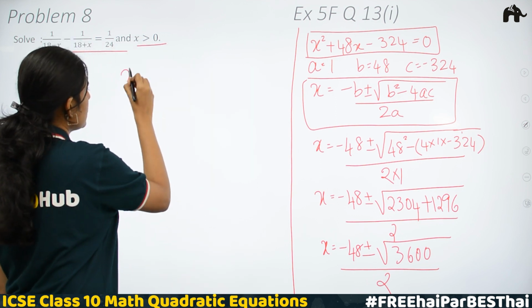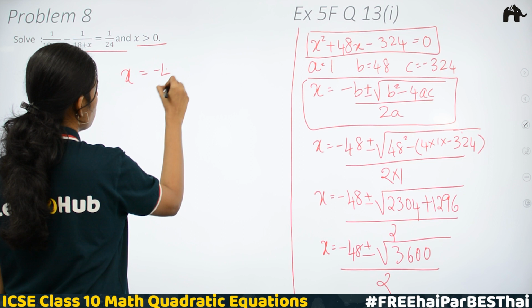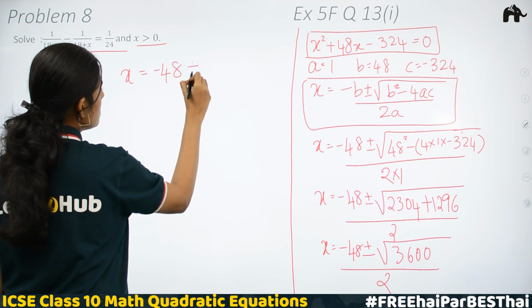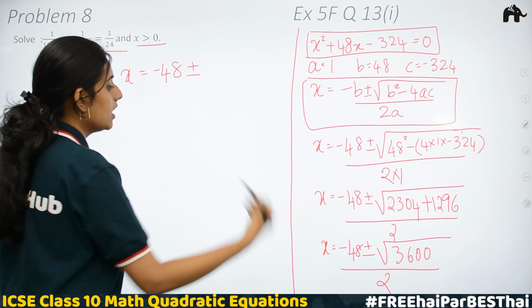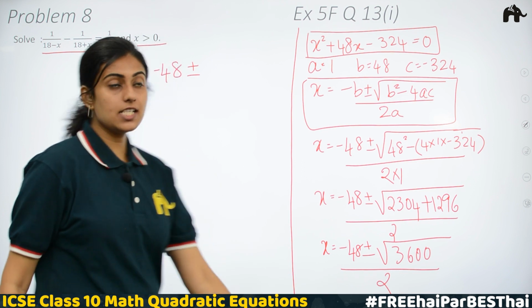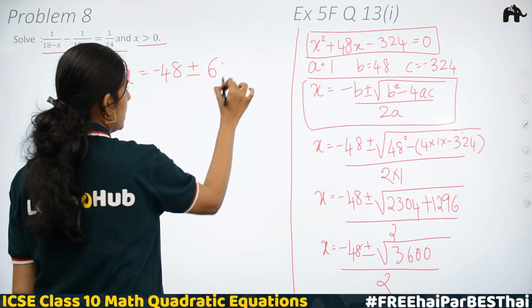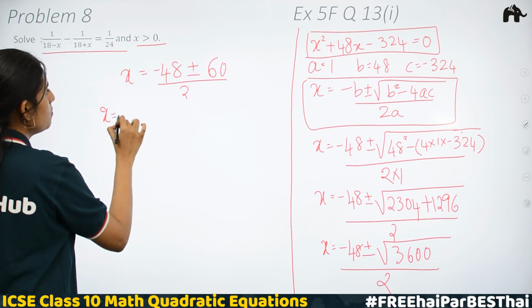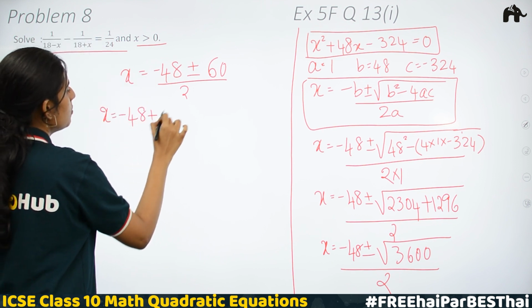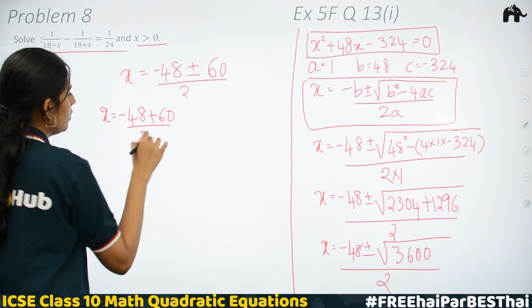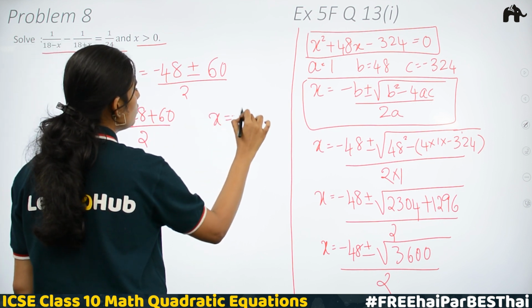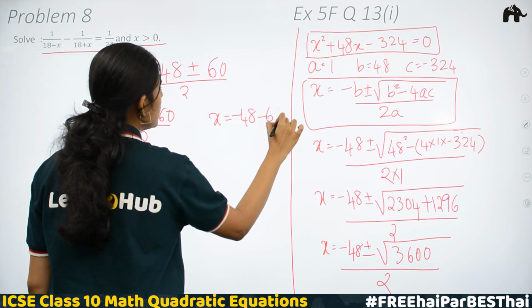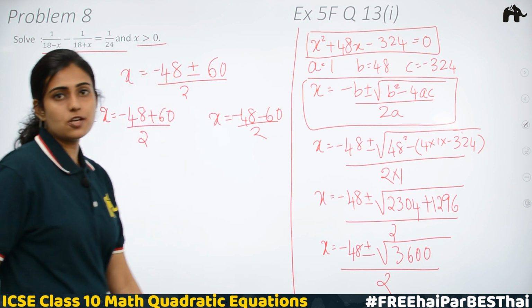Therefore, x is equal to minus 48 plus or minus root 3600, which is 60, whole divided by 2. x is equal to (minus 48 plus 60) divided by 2 or x is equal to (minus 48 minus 60) by 2. What are the values of x?